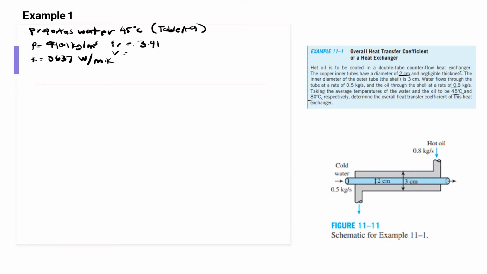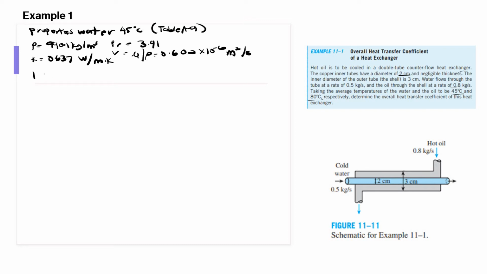For the kinematic viscosity, you can calculate it using the formula viscosity over density. So the answer would be 0.602 times 10 to the power of negative 6 meters squared per second.